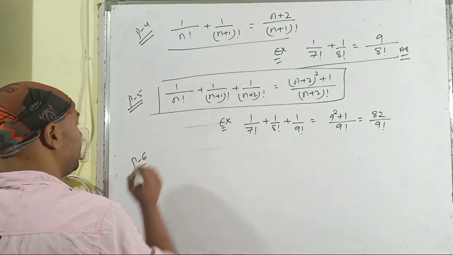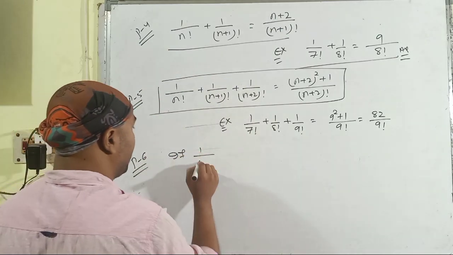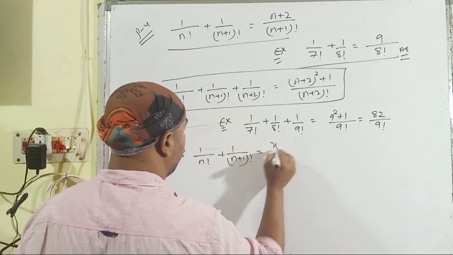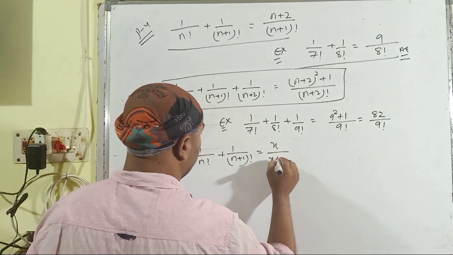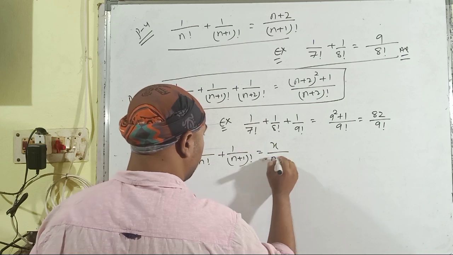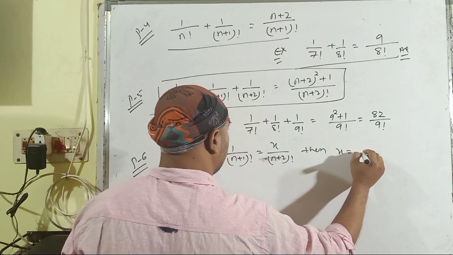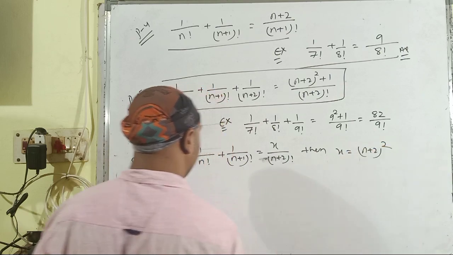Then the last is here, if 1 upon n factorial plus 1 upon n plus 1 factorial is equal to x divided by factorial of n plus 2, then x is equal to whole square of n plus 2.